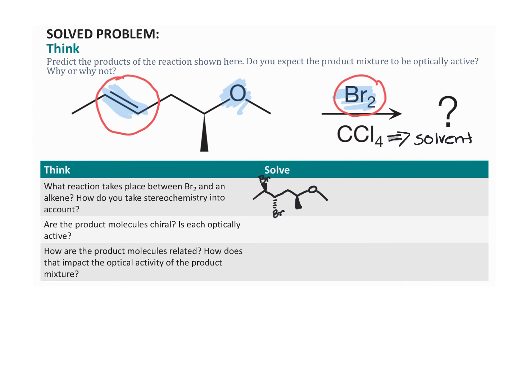And then the other product looks like that, okay? So here's some questions to ask ourselves, because we've done the first question, which is basically predict the products of the reaction shown here. Check that off. We need to make sure we answer the next two questions.